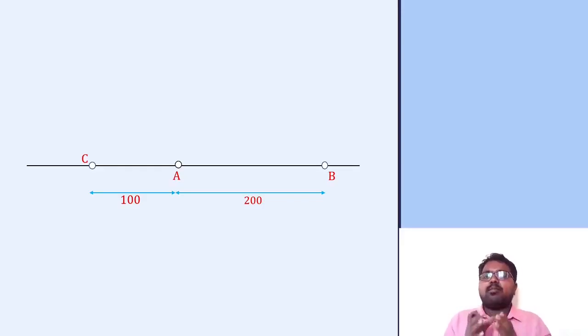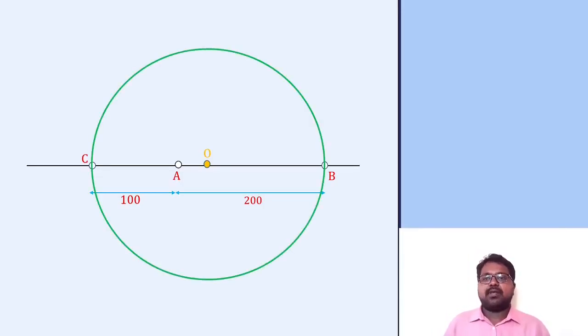Next AC equals the magnitude of sigma 2, and since it is compressive, I draw it on the negative side. Now we have points B and C. Taking BC as the diameter, I find the center O of this line and draw a circle passing through B and C.